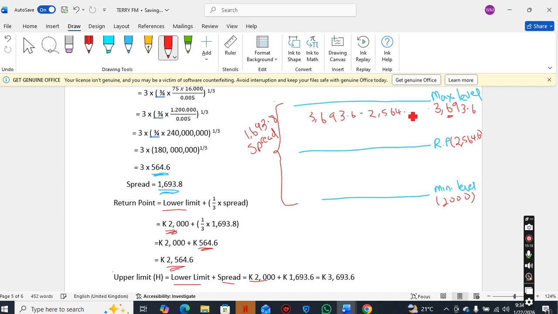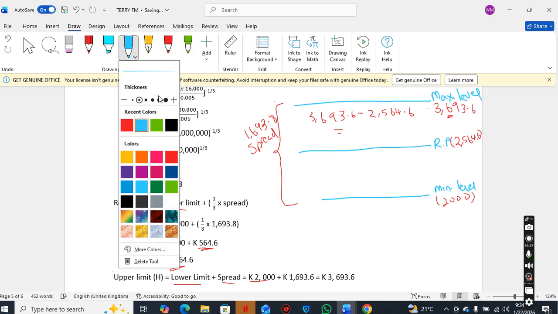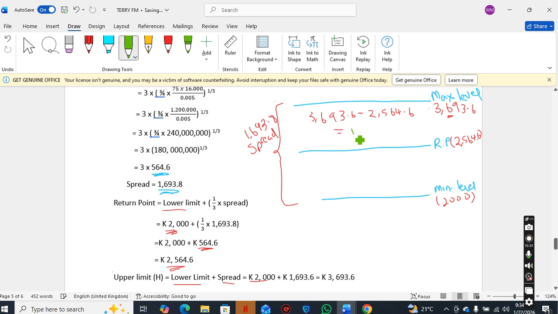What do we get when we subtract these two amounts? 1,129.6.